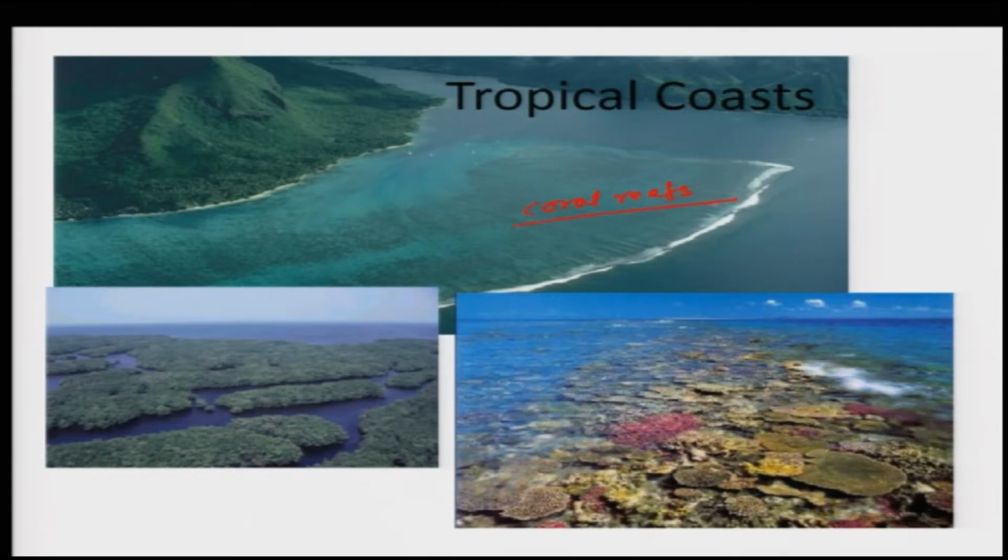Coral reefs are usually seen where the temperature of the water is between 18 to 29 degrees centigrade, and the salinity of the water ranges from 32 to 35 per mille.